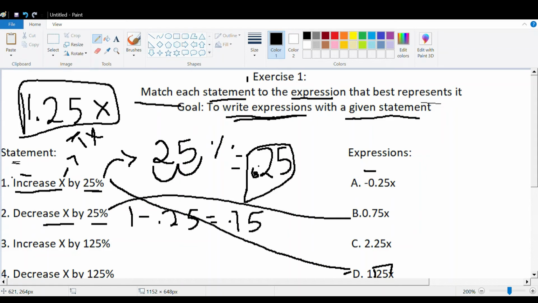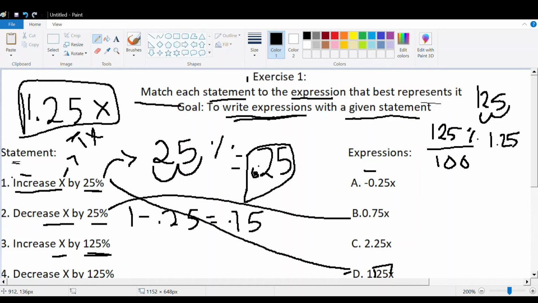Now, let's apply the same thing to number 3. 3 says increase x by 125%. Same thing here, but this time, since we have a different percentage value, let's make that into a number. So 125% is basically 125 over 100, which is just 125, 2 decimal places to the left, which leaves us with 1.25. So we are increasing x.